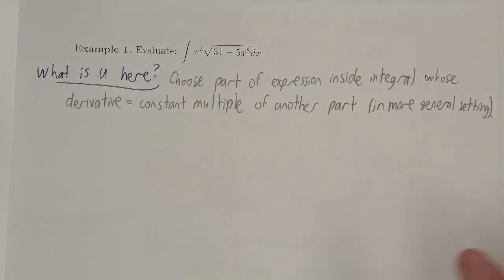In the more general setting where we don't have a linear polynomial inside another function, that's the general rule of thumb that you're going to have to utilize for these types of problems.